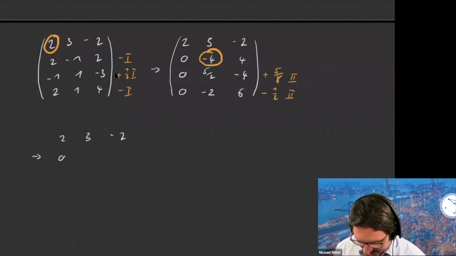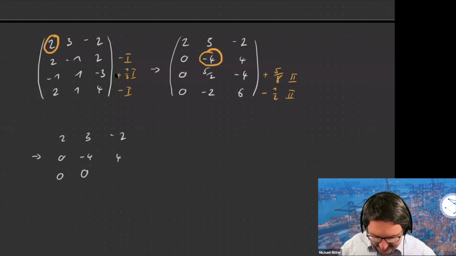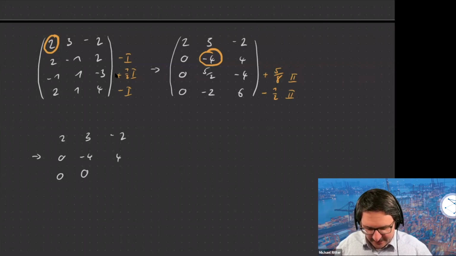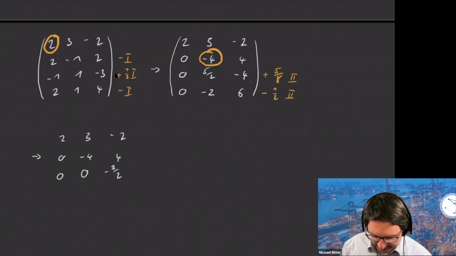So we copy the second row. And let's see, there's a 0. Then we have minus 5 over 2, that's a 0 as well. And here we get 4 times 5 over 8, that's 5 over 2. Minus 4, that's minus 8 over 2.